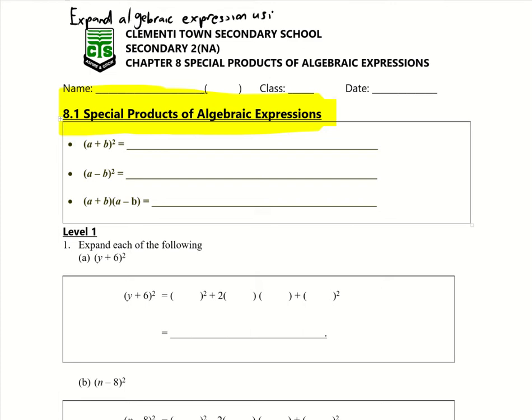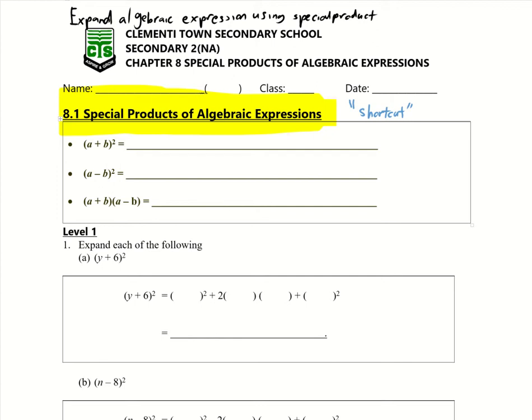You can think of this special product of algebraic expressions as a shortcut to expanding.